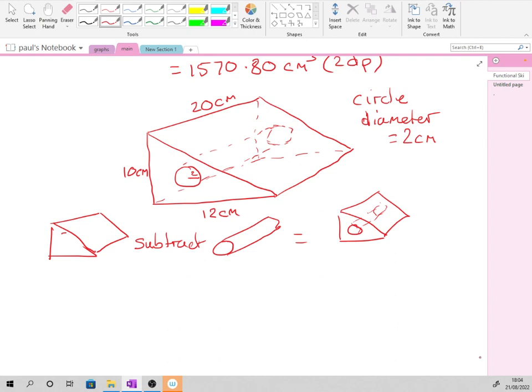So remember, the volume of a triangular prism is going to be half base height times length, which is going to equal a half times the base, which is 12, just happens to be a right angled triangle, 12, times the height, which is 10, times the length, which is 20.